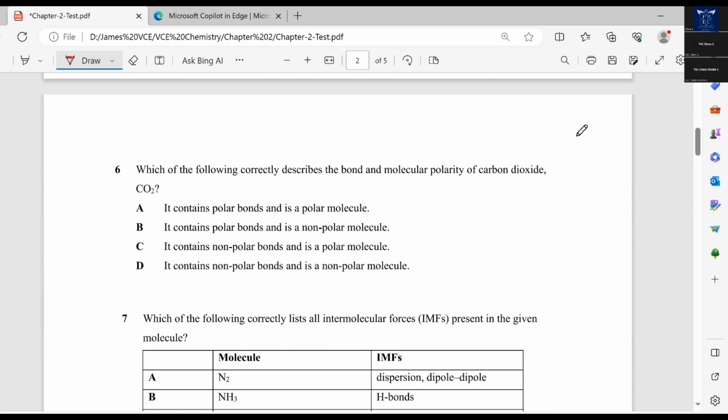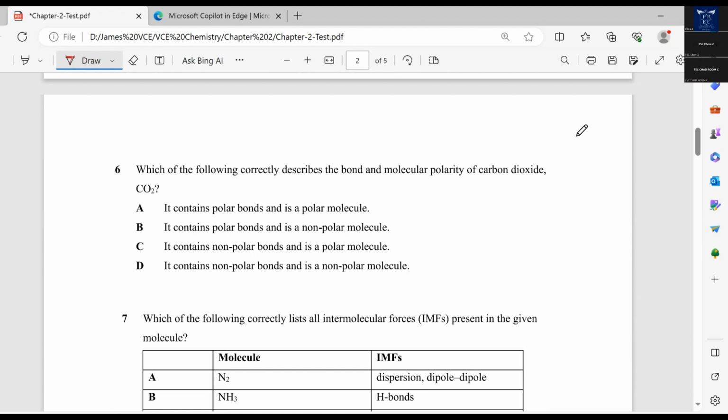Describe the bond polarity. Okay, CO2 is normally non-polar. It contains polar bonds but is a non-polar molecule. Which of the following correctly describes the bond and molecular polarity of carbon dioxide?